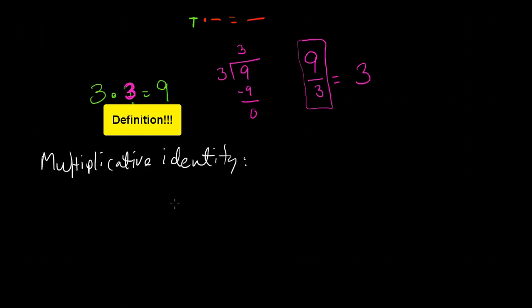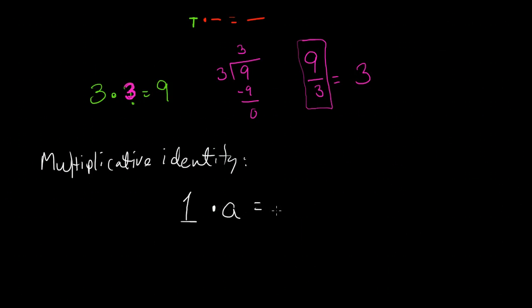Here, in multiplying, the identity is 1. And what that means is, here, let's write the fancy European one. If I take any number in the world and I multiply it by 1, then I get that number. And that's important to realize because every time you see a number, this 3 here is essentially saying 3 times 1. Now, we don't have to write the times 1, but we have to understand it's the times 1.